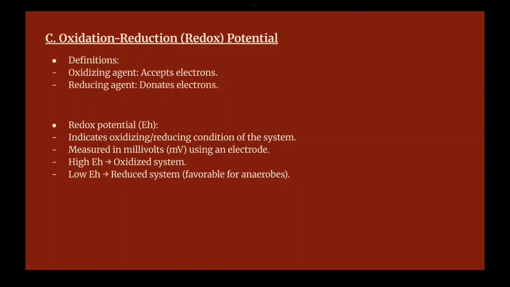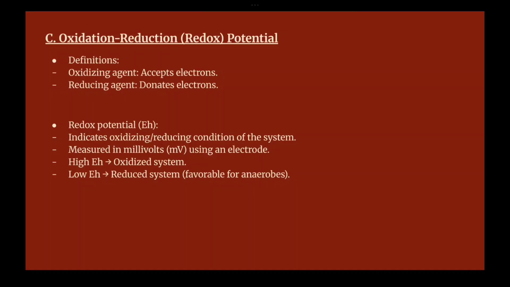So the redox potential, or the representation as EH, indicates the oxidizing and reducing condition that happens inside the system of a bacteria. It can be measured in millivolts using an electrode, and the amount of oxidation reduction that is taking place is due to the accepting and donation of electrons.